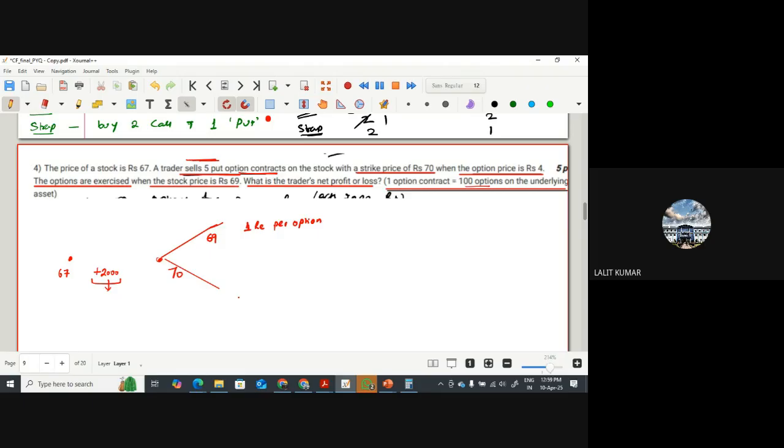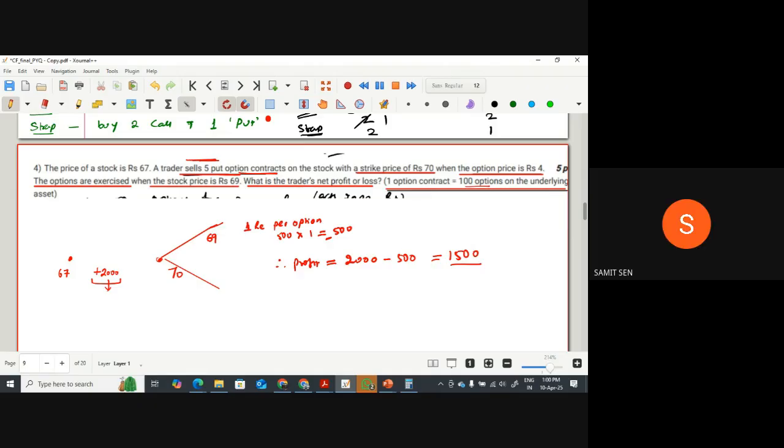And how much has he sold? He has sold 500. So 500 into 1 is equal to 500. Therefore, his profit is how much? He has to pay, minus, this will become 2000 minus 500, 1500. Is this okay?